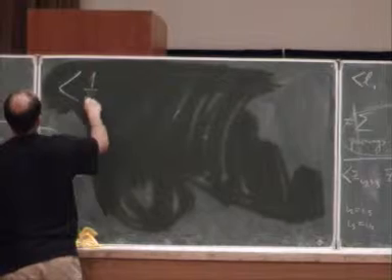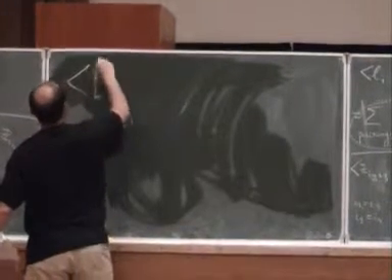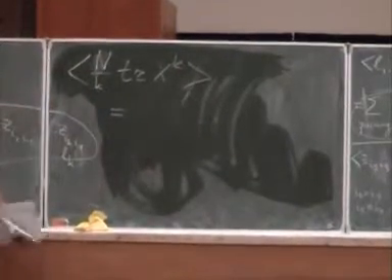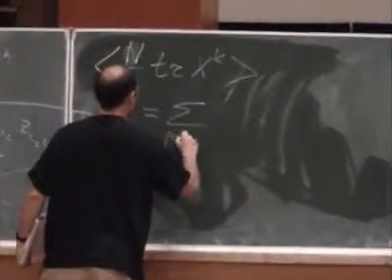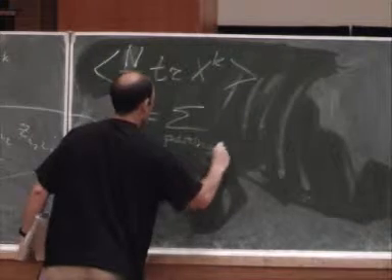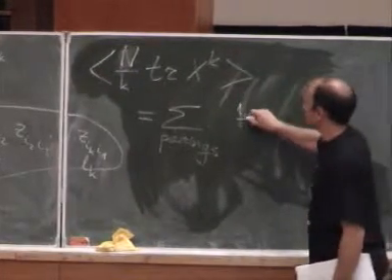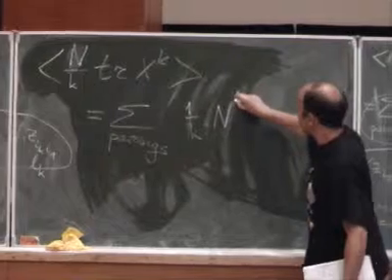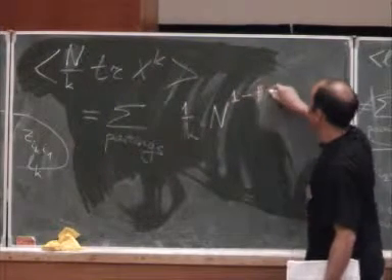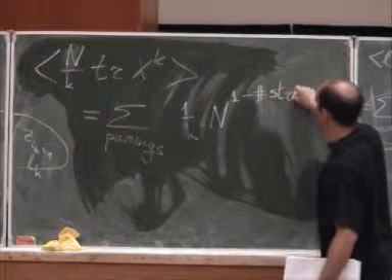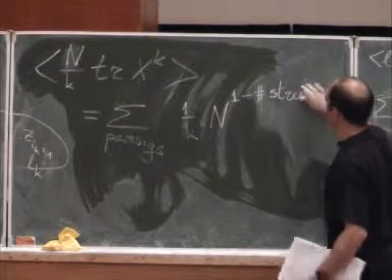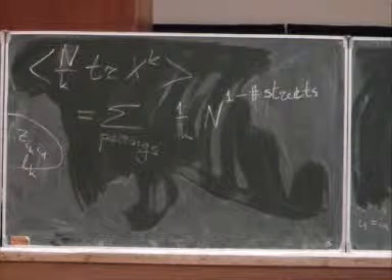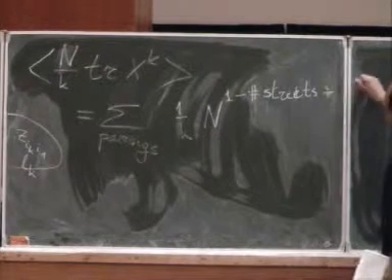The expectation value of 1 over k, n over k, trace x to the power k equals the sum over pairings (1 over k) n to the power 1 minus the number of edges, well, the number of streets, plus the number of loops.